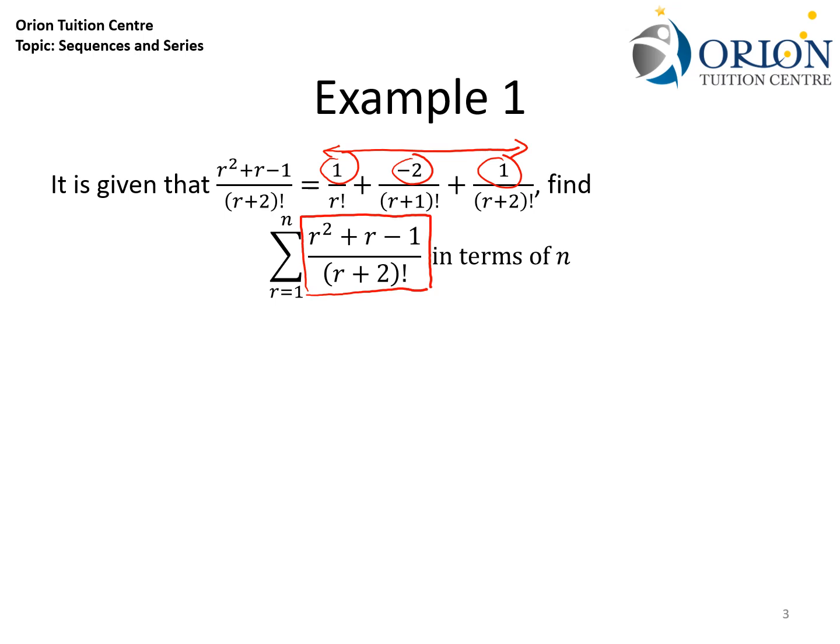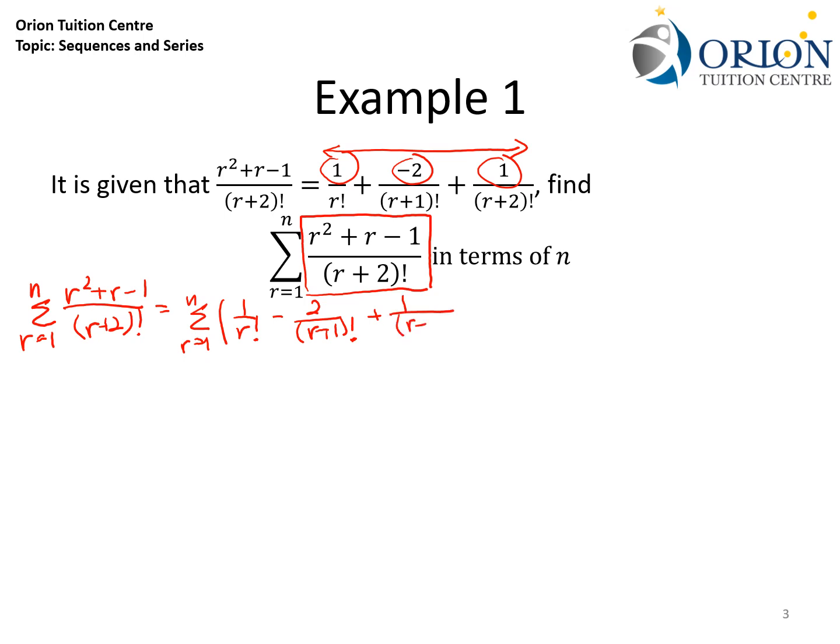So we can say that the summation from r equals 1 to n of r squared plus r minus 1 over r plus 2 factorial is equal to the summation of 1 over r factorial minus 2 over r plus 1 factorial plus 1 over r plus 2 factorial.